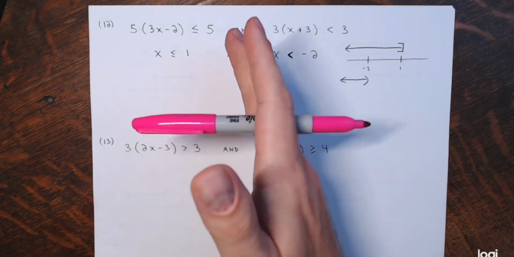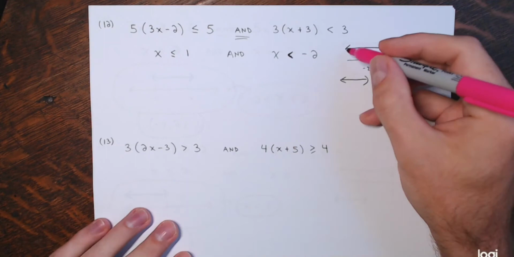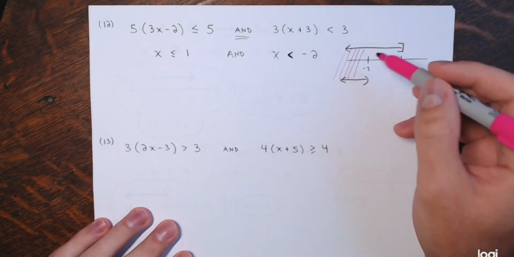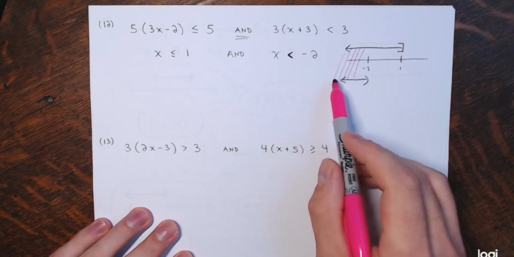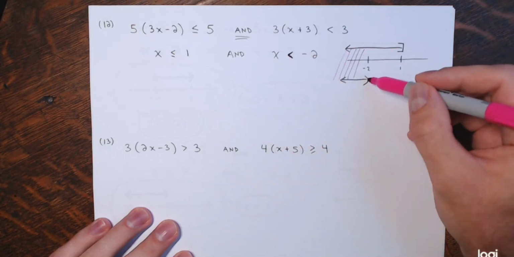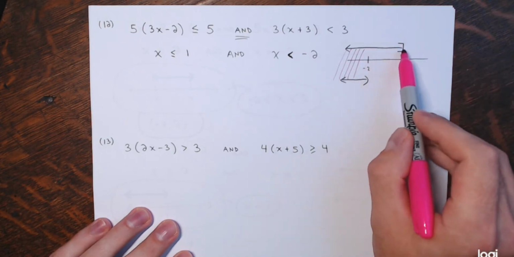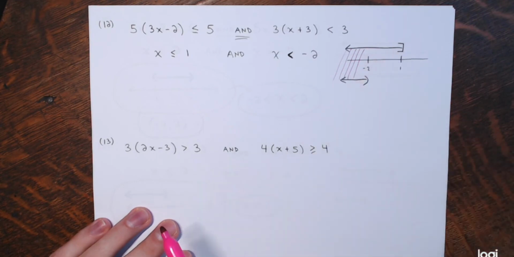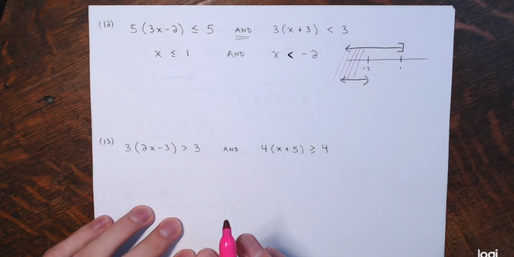It's an and inequality. Well, that's just these numbers. The numbers to the left of negative 2 are on both. Negative 2 is not on both. It's on the first one, but not the second one. And all these numbers, from negative 2 to 1, are on the first graph, but not on the second graph, so they don't belong to the final picture.